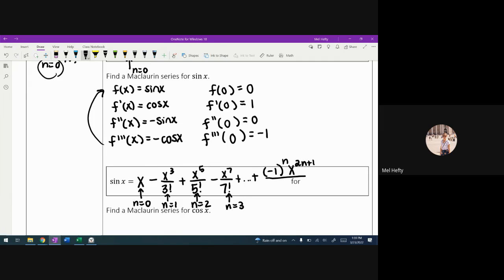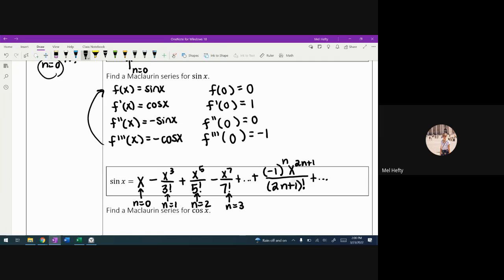You'd be remembering this kind of from, I'm going to move my 4, sorry. We had a similar looking exponent on one of our alternators in our interval of convergence notes. That was like always -1 because it always came out to be an odd number. It's a really good way to define odd numbers.